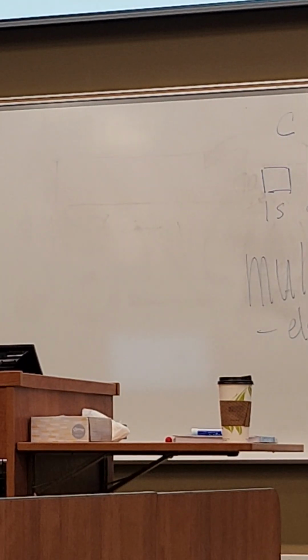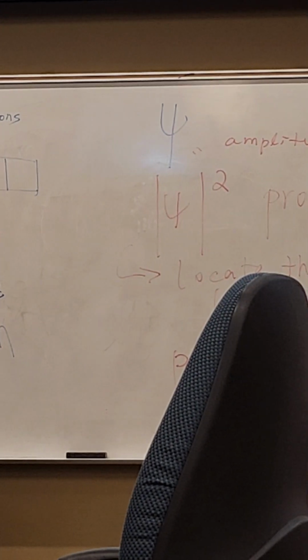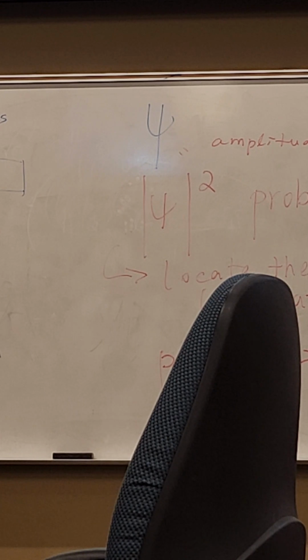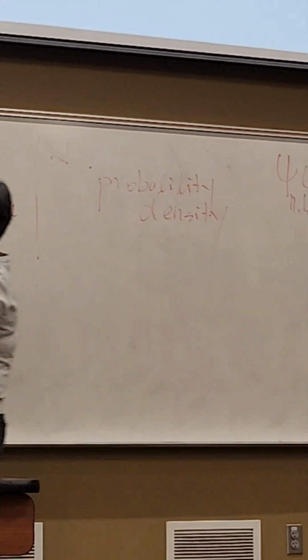Although it has the word radial in it, those are two different things. So that clarifies. Now let's talk about this. What does it really mean? We're going to talk about the radial distribution function.